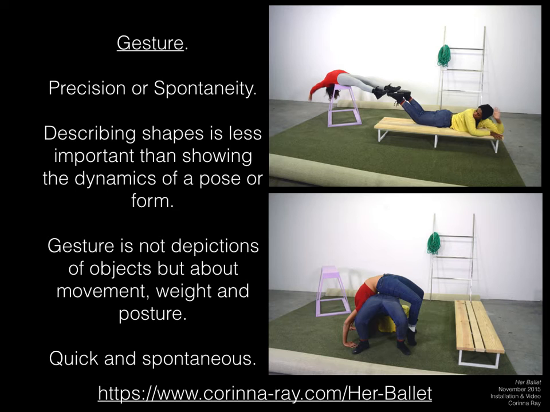This is a piece that was made by Corinna Ray, who's a good friend of mine. This is called Her Ballet, and how this worked was Corinna set up this little staging area with a couple of benches and ladders, and we all picked prompts out of a bowl, and then we had to spontaneously describe them. One of them was, create a chain link fence between you and your partner.